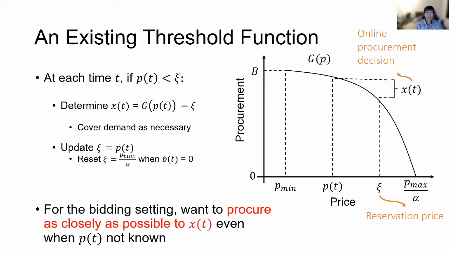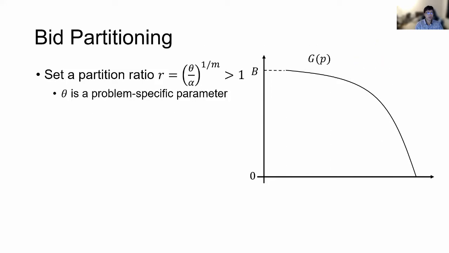Now, since x of t dictates how this threshold function basically results in the optimal online algorithm, we decided to use the same g function when designing a bidding strategy. We accomplish this by partitioning the domain of G according to a partition ratio R, and R is dictated by alpha and a problem-specific parameter theta, with an initial setting for P sub 0.